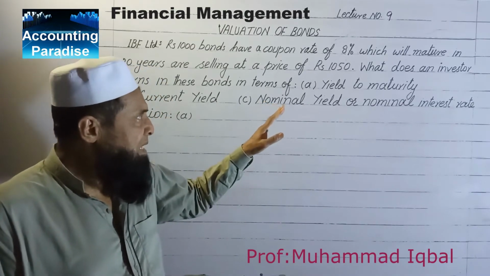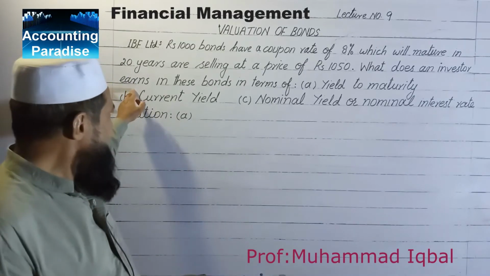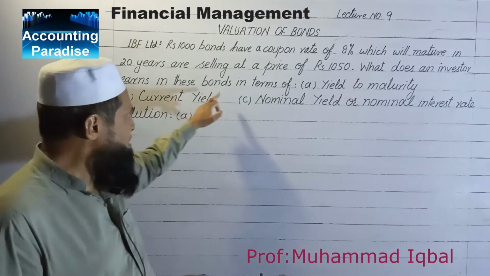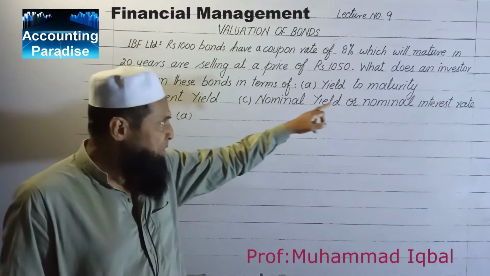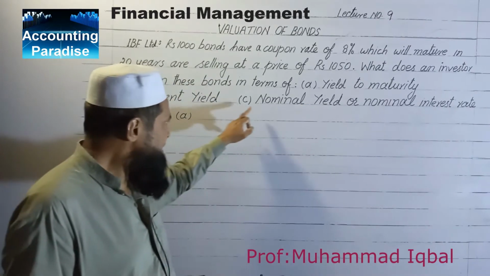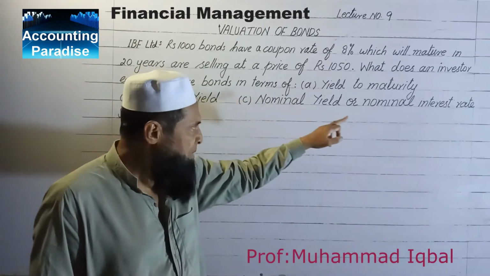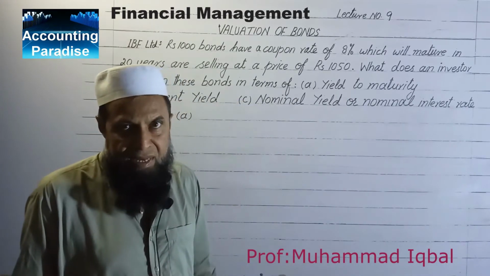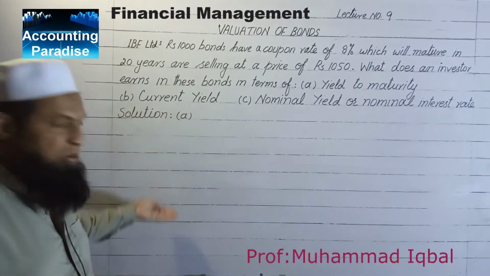What does an investor earn in these bonds in terms of yield to maturity? Second, current yield. Third, nominal yield or nominal interest rate. Now, here is a solution.